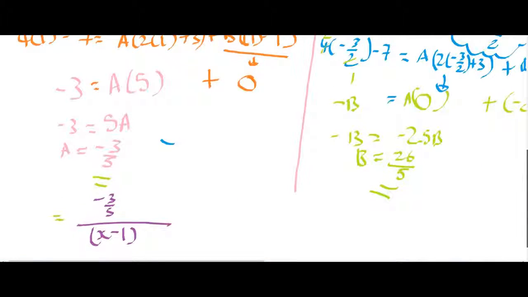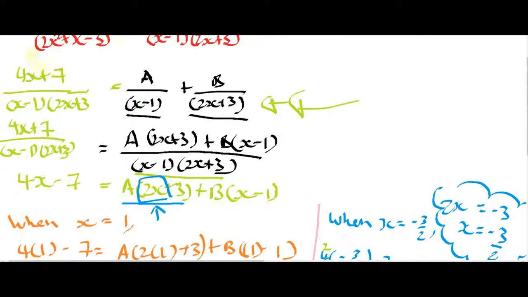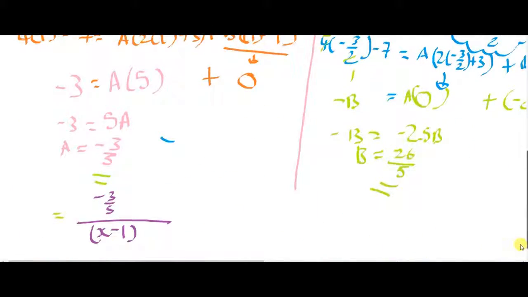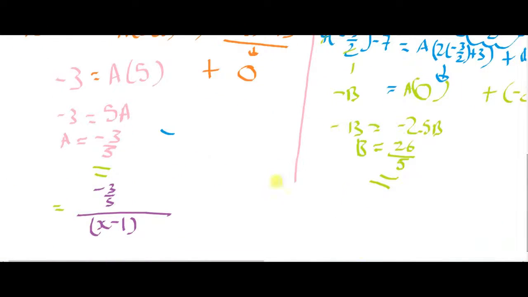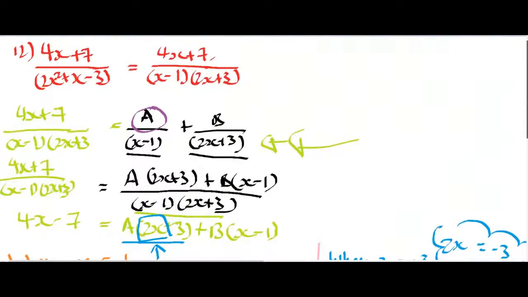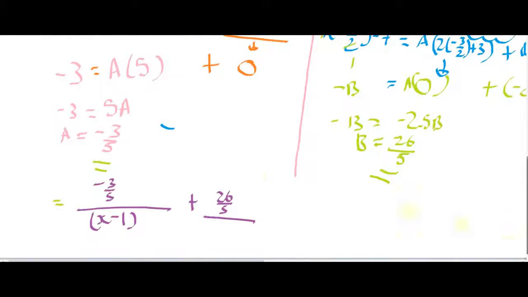Now what I'm doing is just subbing the values over here. A equals minus 3 over 5, and B equals 26 over 5, so plus 26 over 5 over (2x + 3).